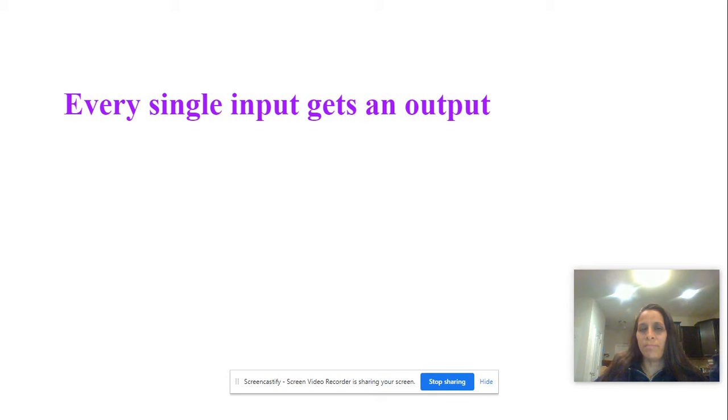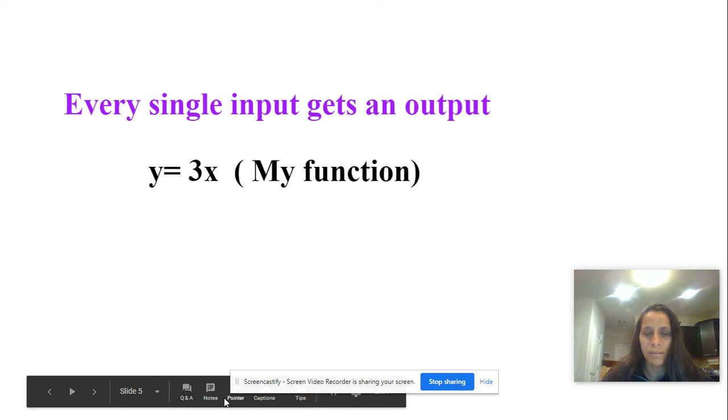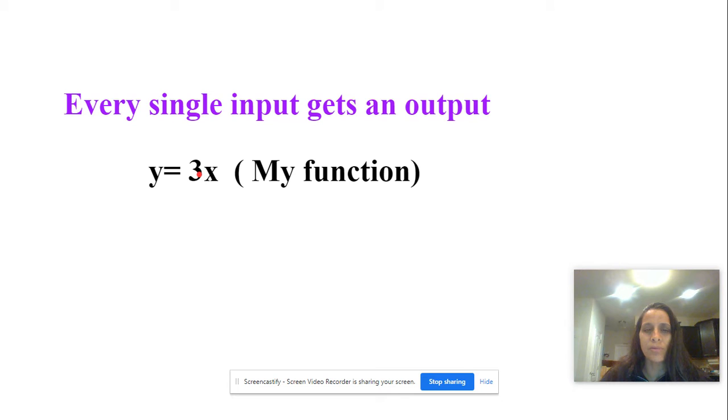Every single input, which is your x, will get you an output. So let's take a look. So this is my function, y equals 3x. So what does that mean? That means that y is equal to 3 times x.